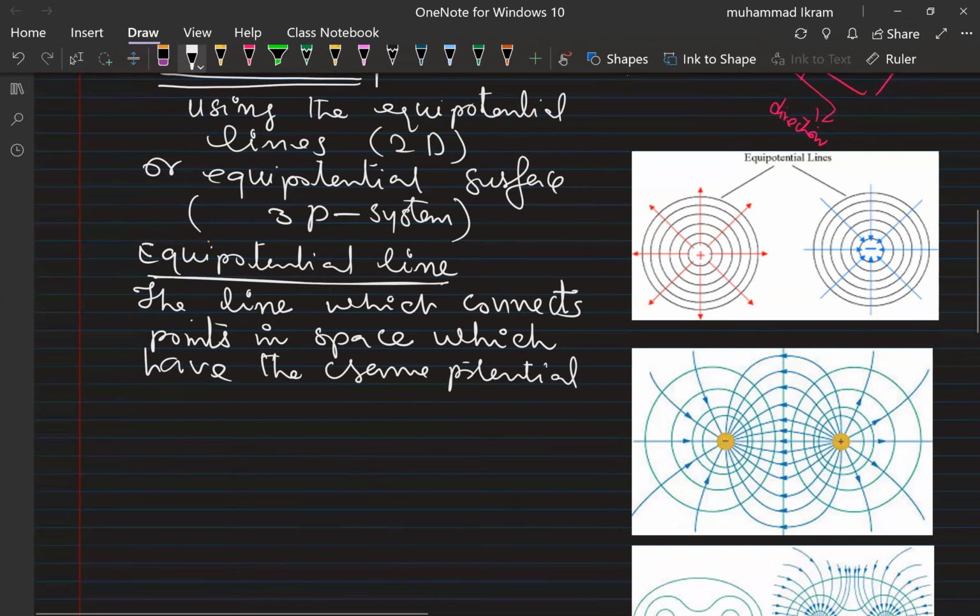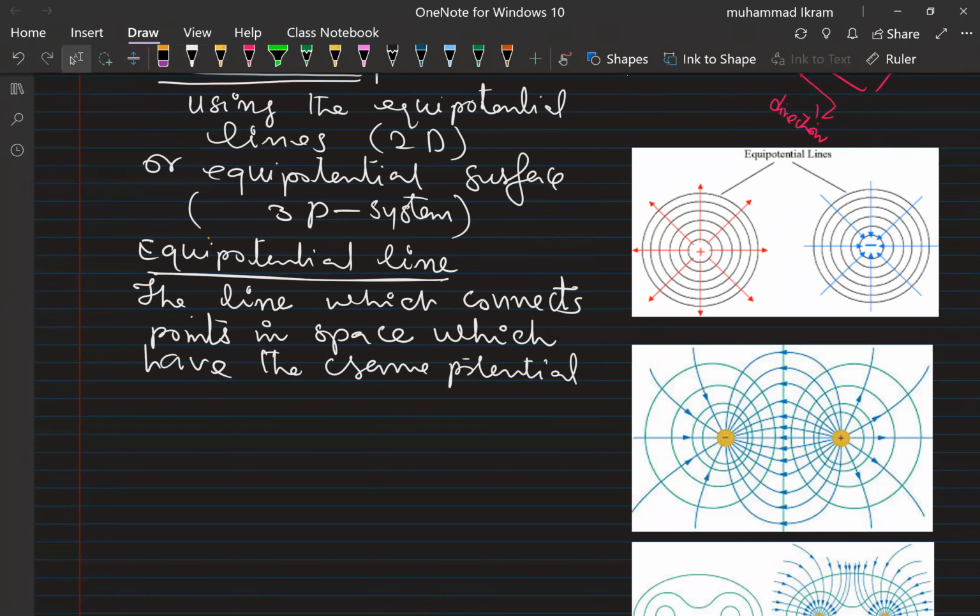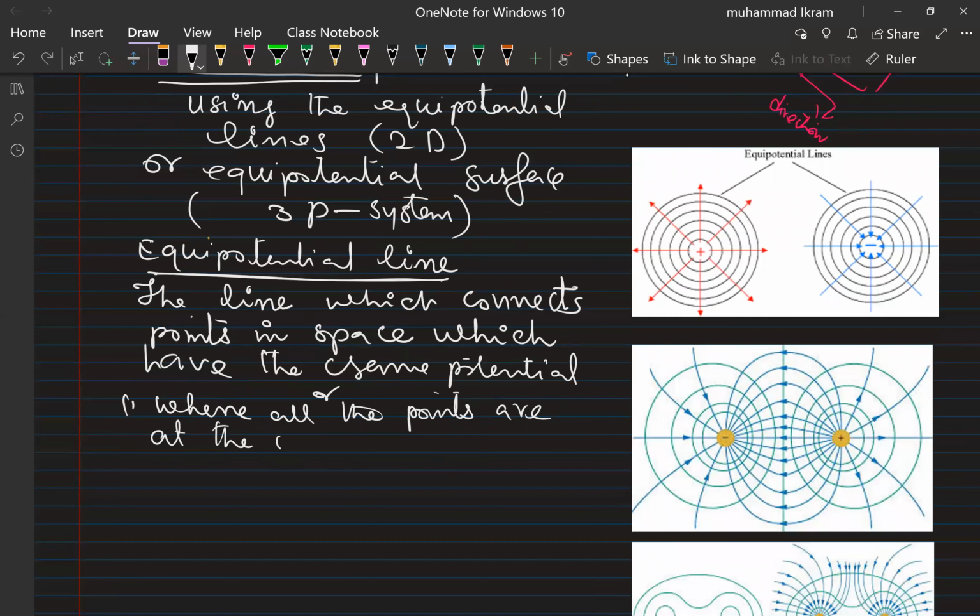Where all the points are at the same potential, they are called the equipotential lines.